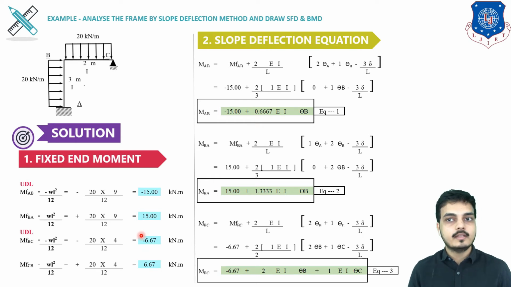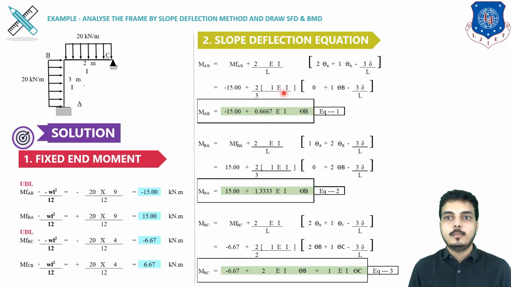Look, it is the slope deflection equation. The same approach is followed in frames. MAB equals MFAB plus 2EI upon L in bracket 2 theta A plus theta B minus 3 delta by L. At the place of MFAB we keep minus 15, plus 2EI upon L. At the place of L we put 3 meter, as the span is 3 meter, into 1 EI, as only a single I is given.